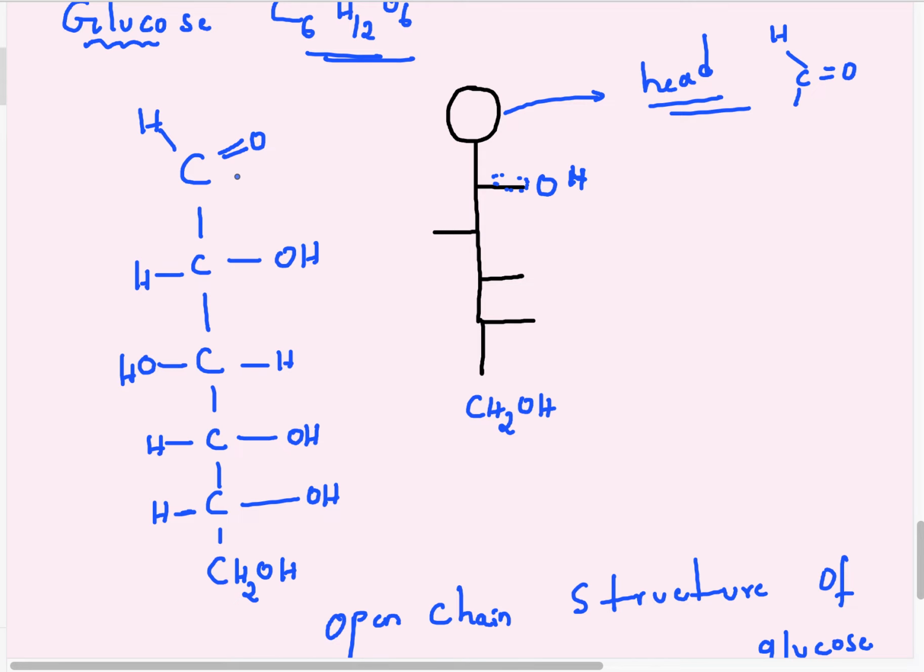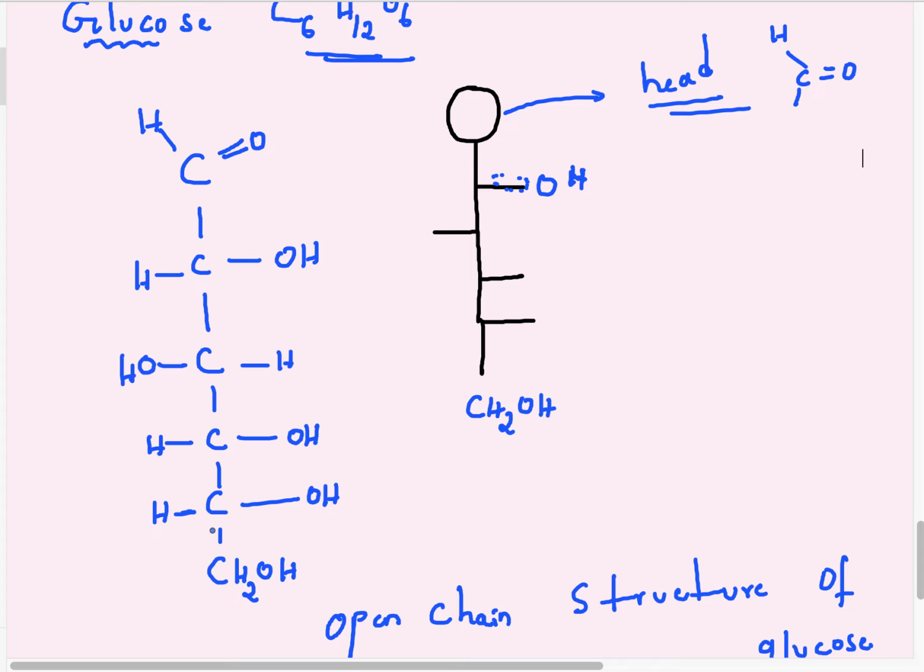See, it is a cyclic structure. C1 and C5 form the cyclic structure. Because of this reason only, it is not giving the test for hydroxylamine and not giving the test for sodium bisulfite. But any compound having a free aldehyde group will definitely respond to the hydroxylamine test and sodium bisulfite. Not responding means your aldehyde group is not free, they have discovered.